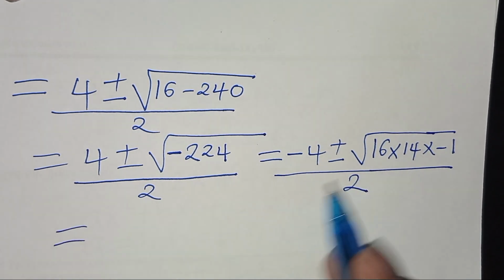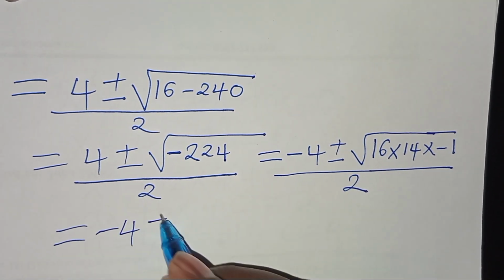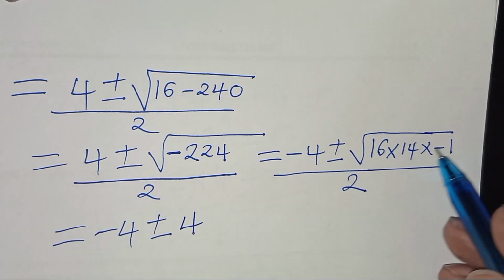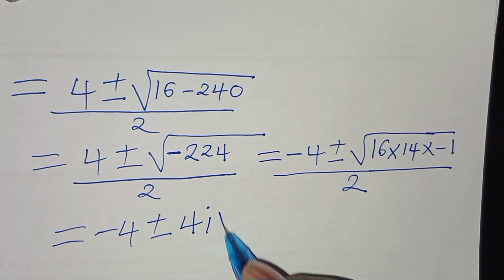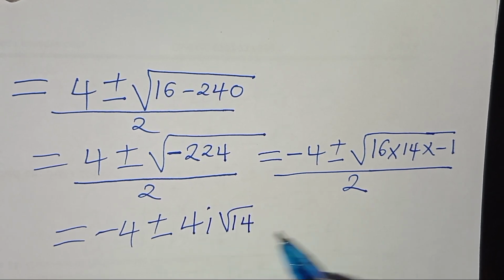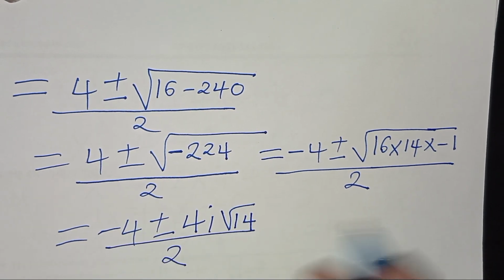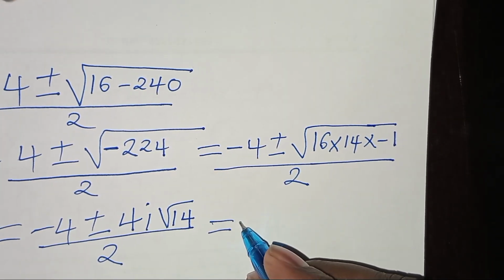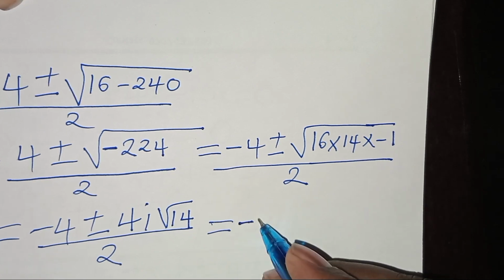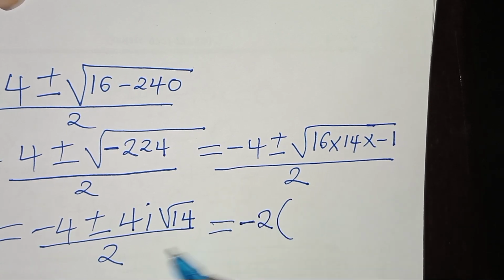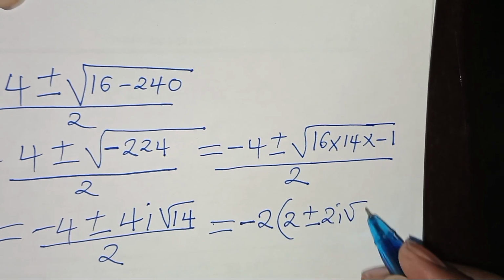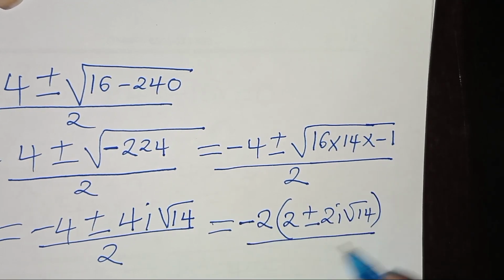Now from here we'll have 4 plus or minus the square root of 16, which is 4, times the square root of negative 1, which is i, times the square root of 14, divided by 2. Now we can express this as 2 into the parentheses 2 plus or minus 2i square root of 14, divided by 2.